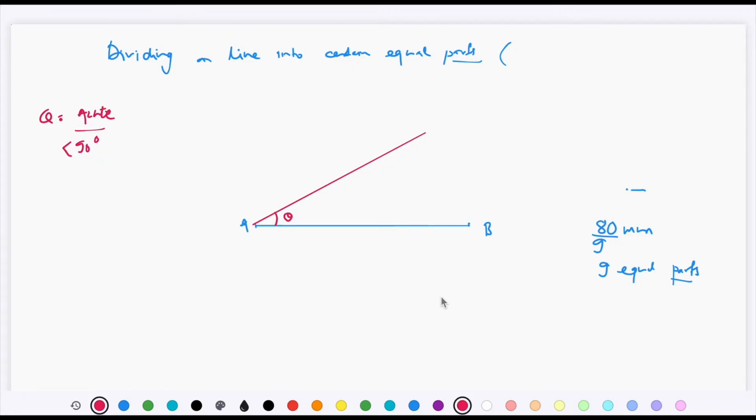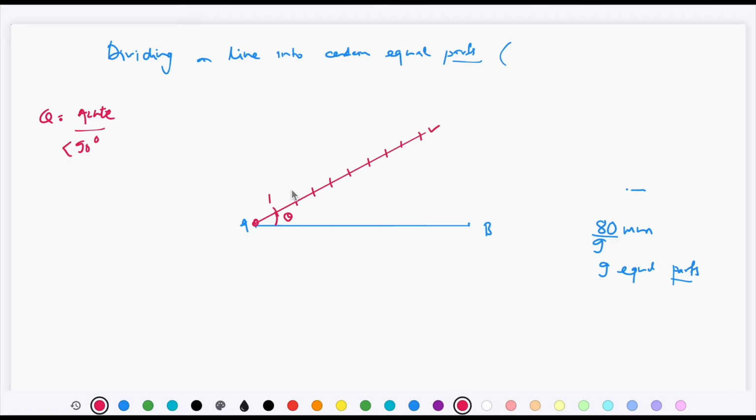Then in a compass, take some random radius, and starting from this point, go on dividing this line. Take any random distance. So let's say this is first division, second, third, fourth, fifth, sixth, seventh, eighth, and ninth.